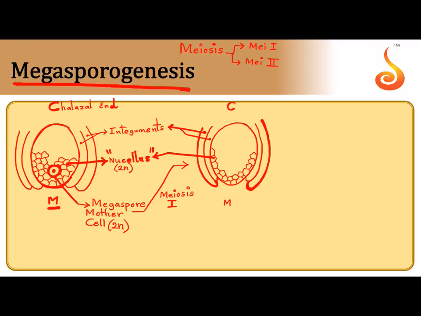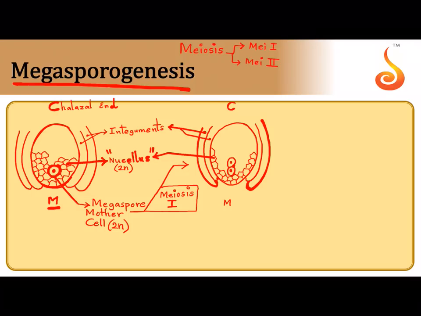Now here there was only one megaspore mother cell, but now notice there will be two cells which are formed. Now what are these two cells? These two cells are the product of what? They are a product of meiosis 1. So will they be haploid or diploid? Obviously they will be haploid.